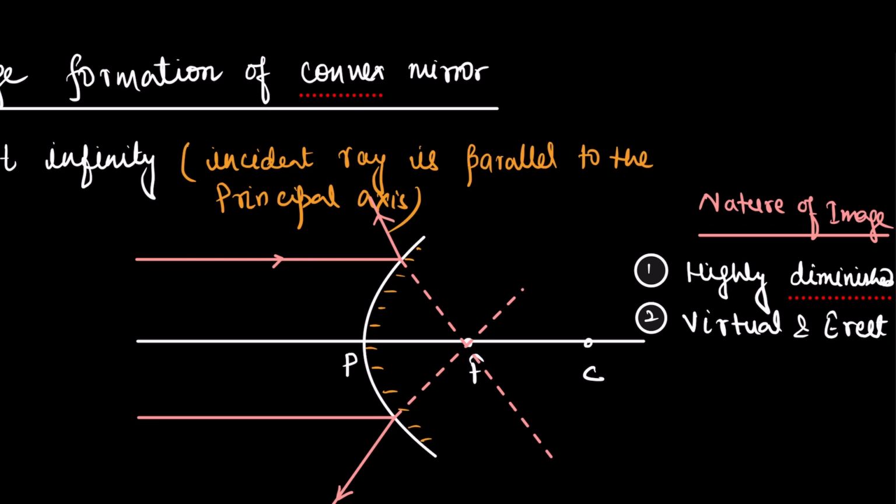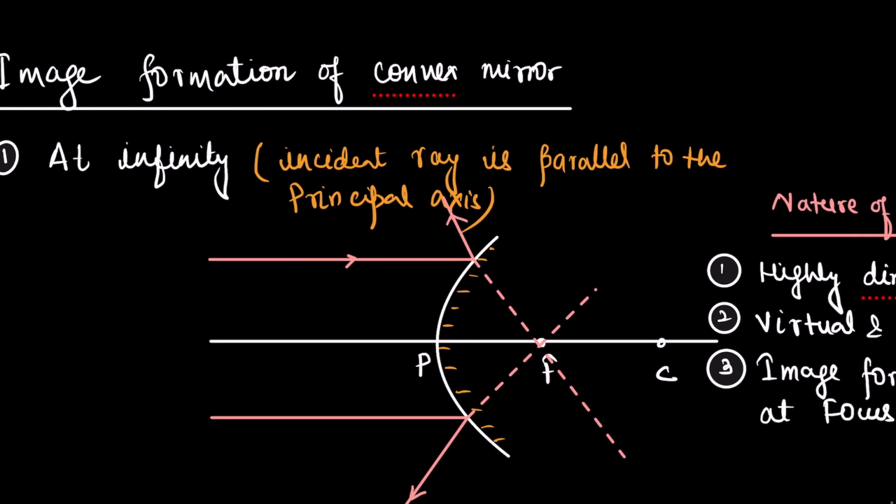Means object is on the left side and image forms on the right side. So that's why it is virtual and erect. And third, image is formed at focus. So this is the image formation of a convex mirror when the object is at infinity.